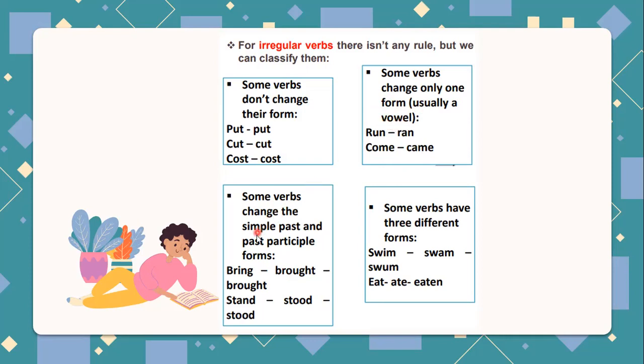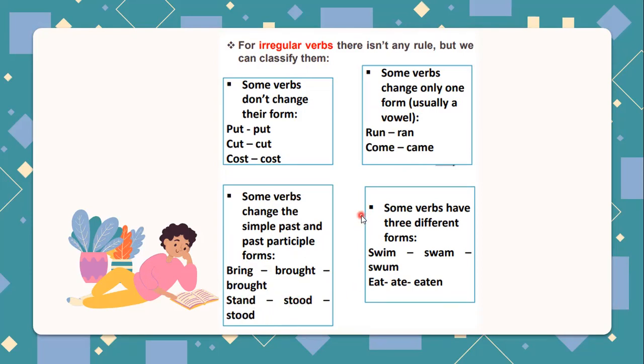Some other verbs change in the simple past and past participle. So like bring, brought, brought. So brought is a whole different verb form, a whole different spelling than bring. So in the past simple, yes, and past participle, both of them are different from the main verb, which is bring. Also stand, stood, stood.